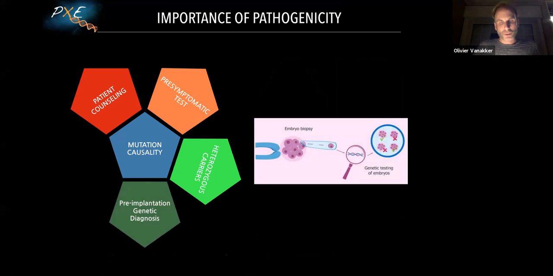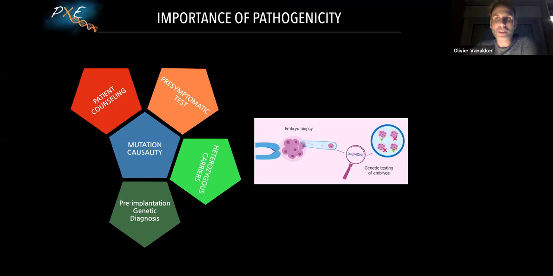The same is true if parents carry a genetic defect. Each of the parents carries a genetic defect, so they have a 25% chance of a child with PXE, and there is the option of embryo selection, so pre-implantation genetic diagnosis. That may be a bit different depending on the country, but in Europe we can do this if parents want this.